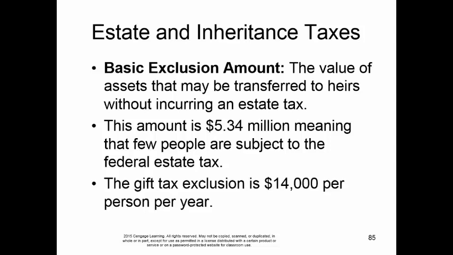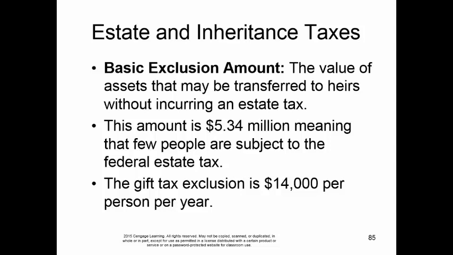There's a gift tax exclusion as well, $14,000 per year. Again, that number changes. I'm not sure if it's still $14,000 or not. Assuming you were wealthy or you had the means to do so, you would be allowed to give your child or your grandchild $14,000 per year, and your spouse would be able to do so as well.